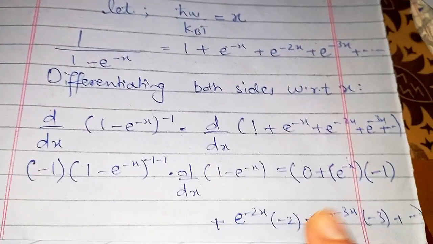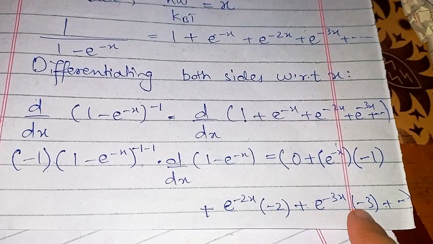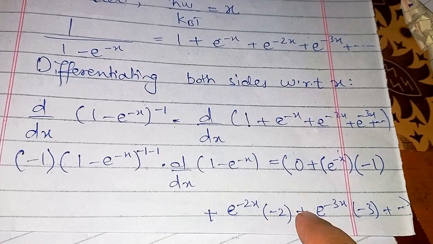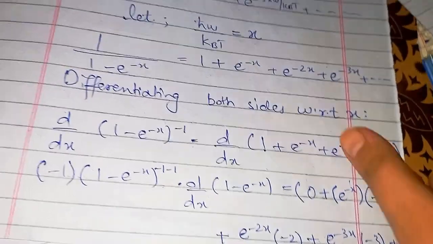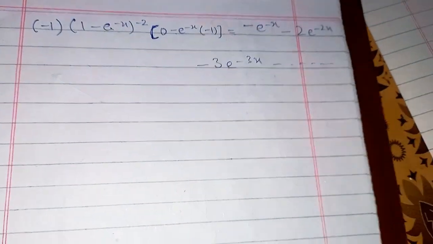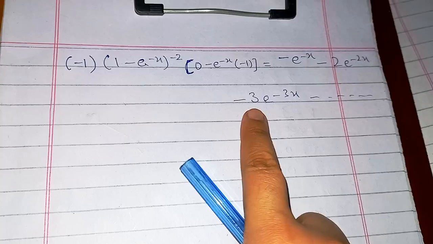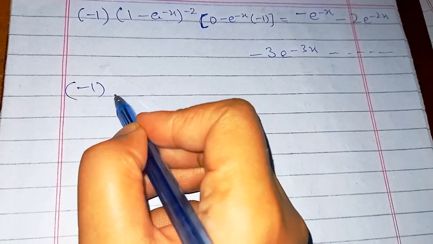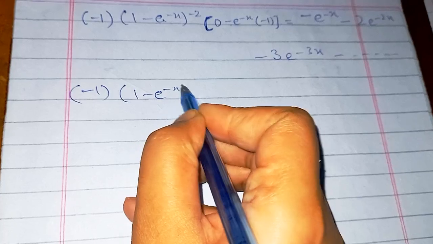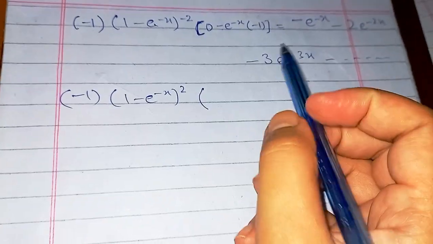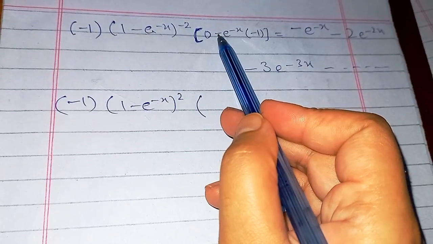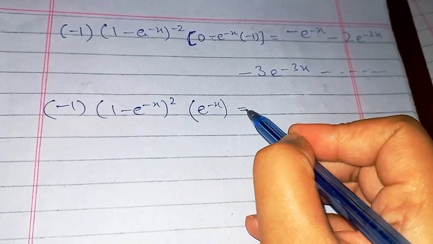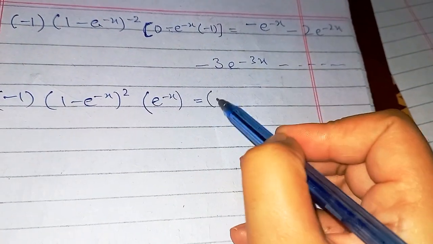As you can see, after taking the derivative, all of the positive signs become negative, so the series has changed. Now what we can do is take the negative as common. So the minus 1 and this minus will cancel out, and e to the power minus x is left, equal to this, with the negative sign taken common.